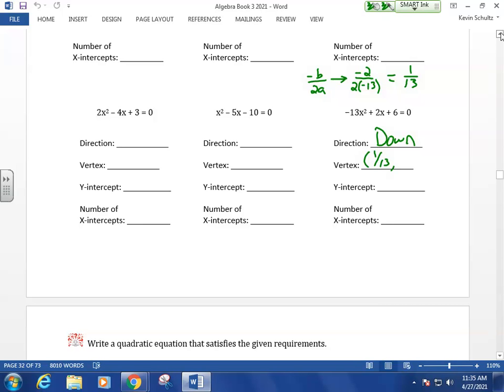But anyway, this is where your calculator comes in very handy. We've got -13 times 1/13 squared, plus 2 times 1/13 plus 6.